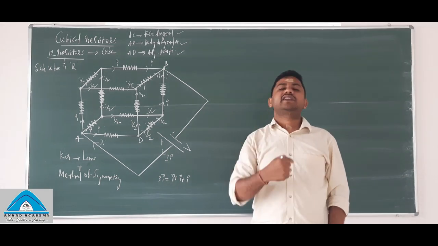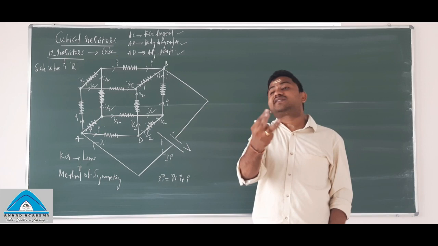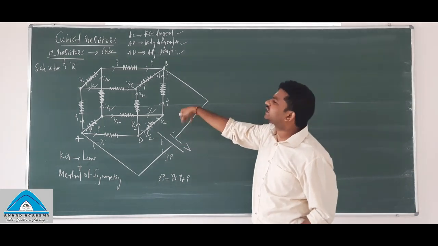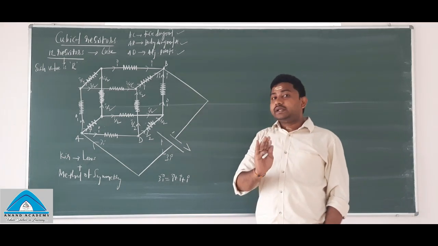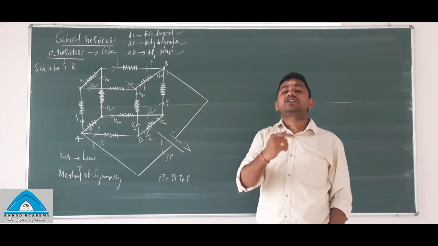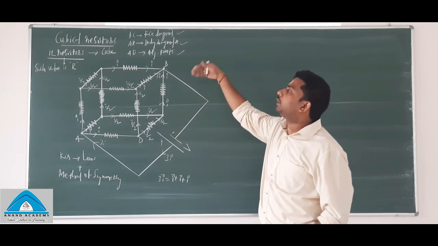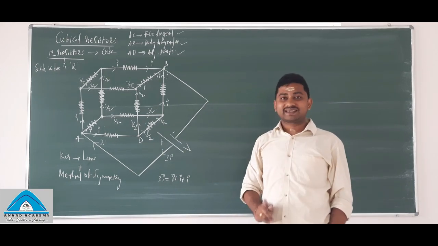A lot of practice is required. We are not going to derive the 3 cases. We are going to derive one case which is commonly asked. And I am giving you a shortcut to remember whatever may be the case for finding the effective resistance. Okay, so we will be discussing it.